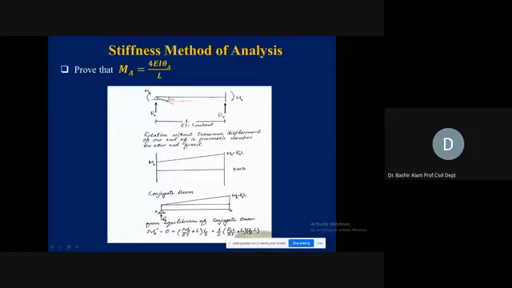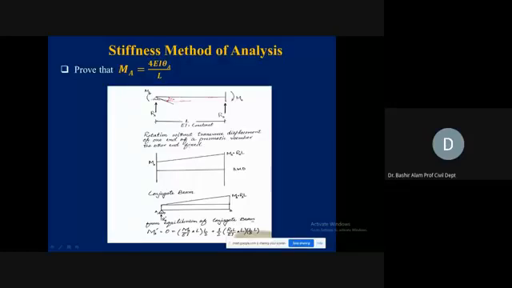The shear in the conjugate beam is the slope in the actual structure. And the moment at a section in the conjugate beam will give you the translation in the actual structure at that particular point.